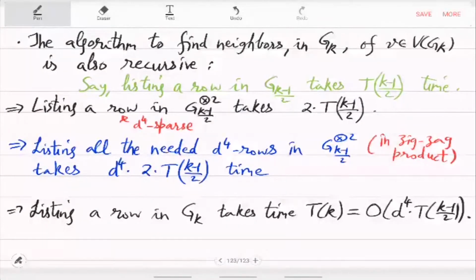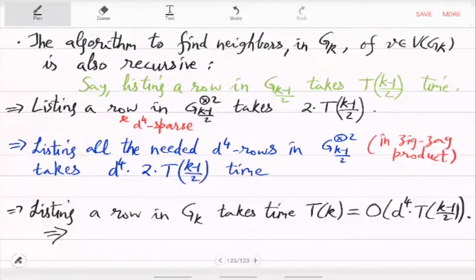In big O, we are using an absolute constant, basically this 2, right? So this is correct as a function of d. That much time it takes to list a row in Gk. Now in the RHS, you are halving k. So how many times can you halve k? Log k many times, right? So d raised to 4 will be multiplied log k many times.